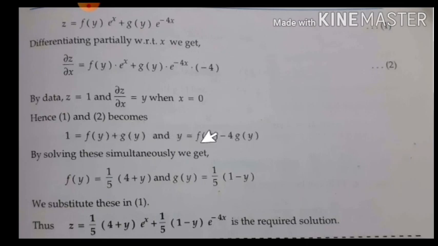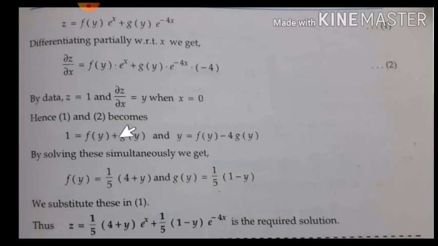Solving these two equations simultaneously. Now if I add these two equations, is there any use? Multiply this equation by 4, then add it. So 4g(y) and −4g(y) will get cancelled.